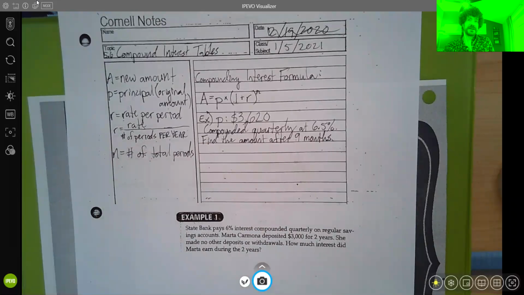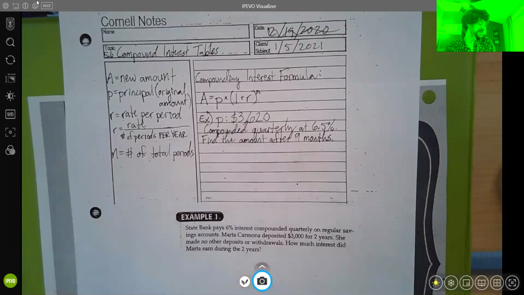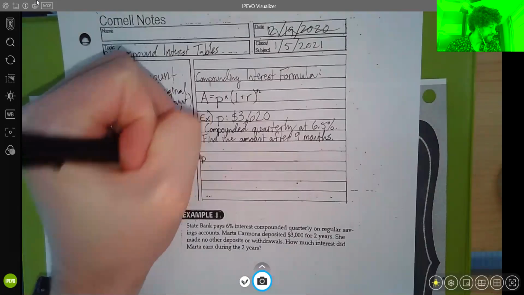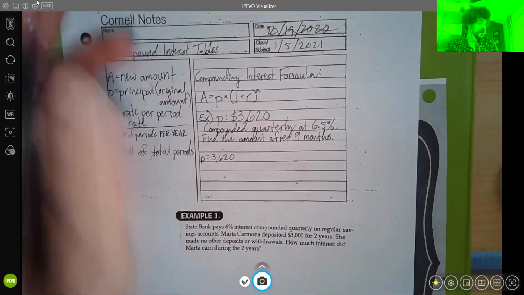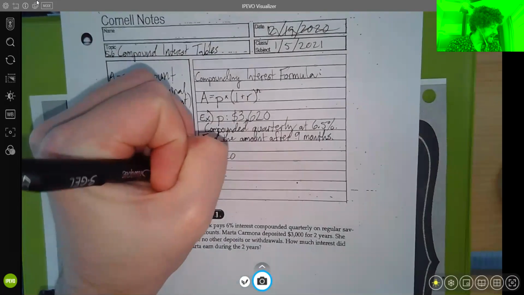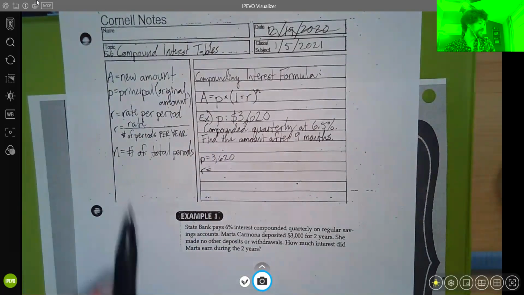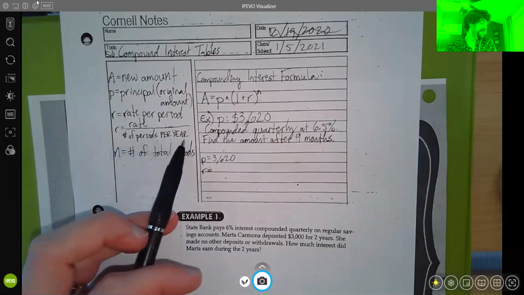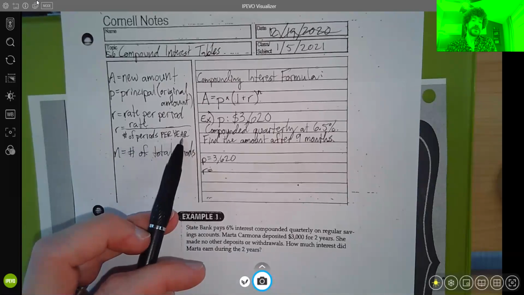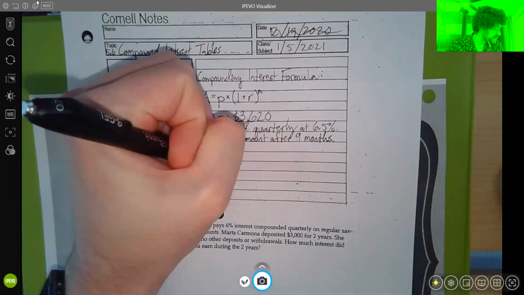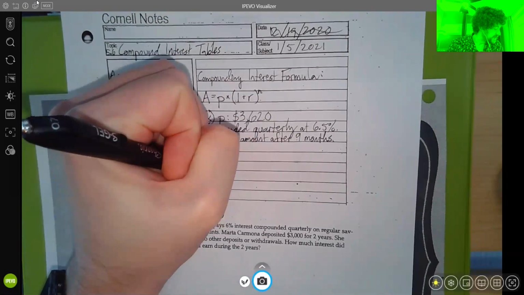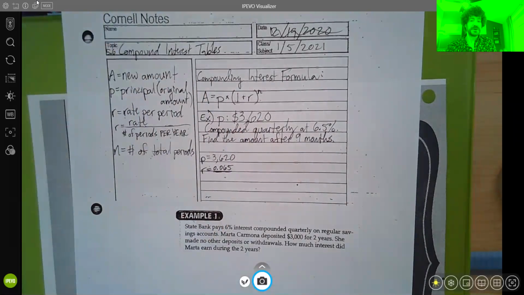A is the thing we're trying to figure out. So we don't have a value for A yet. We do have a value for P, though, the principal value, the original amount, $3,620. R, like I mentioned, R is not just the rate. R is equal to the rate divided by the number of periods per year. So the rate here is 6.5%, so that would be 0.065, divided by the number of periods per year.